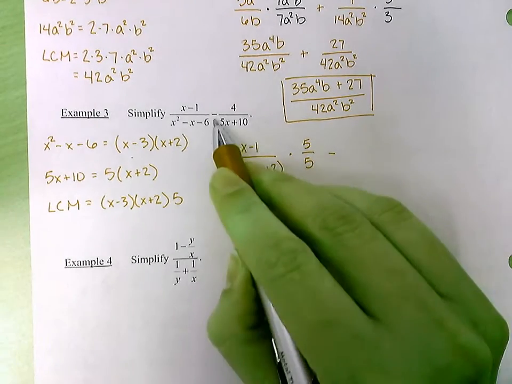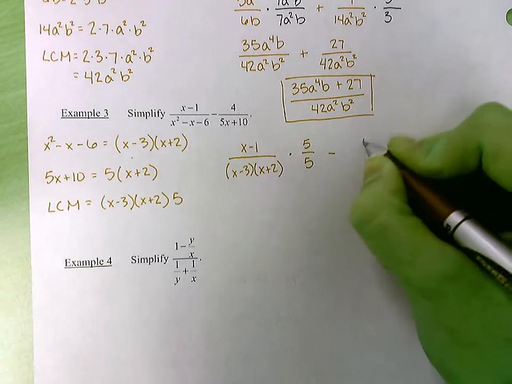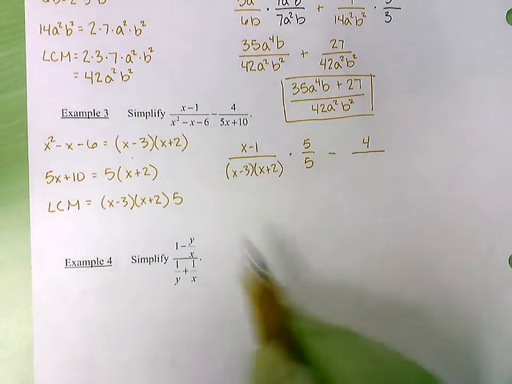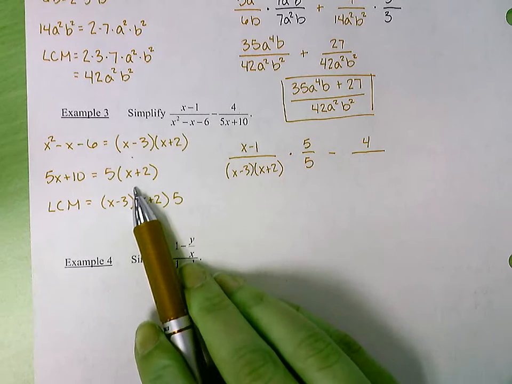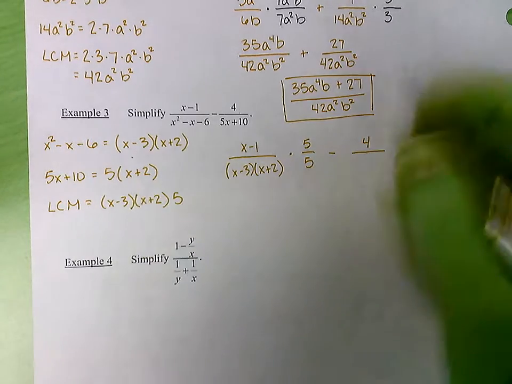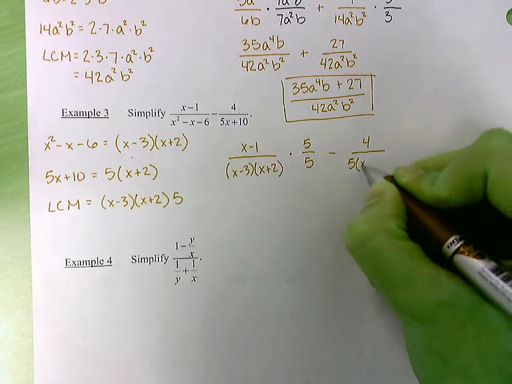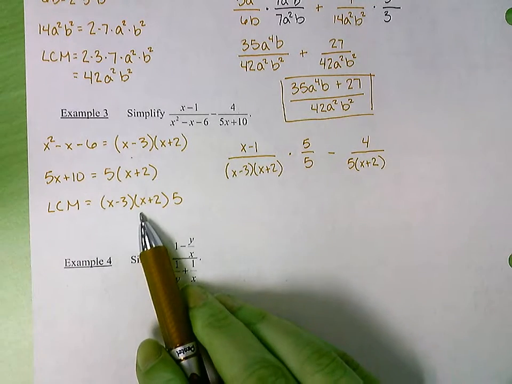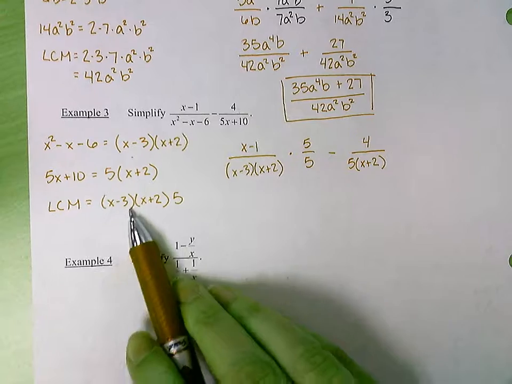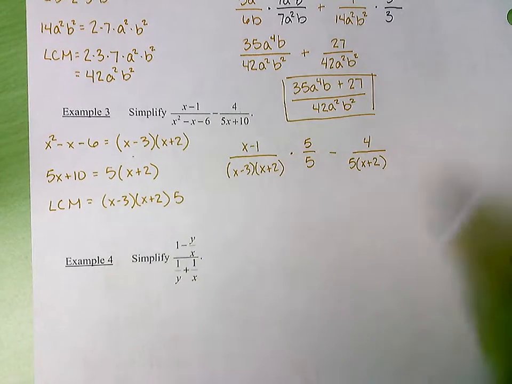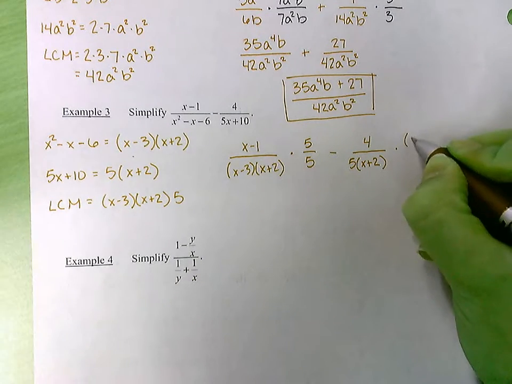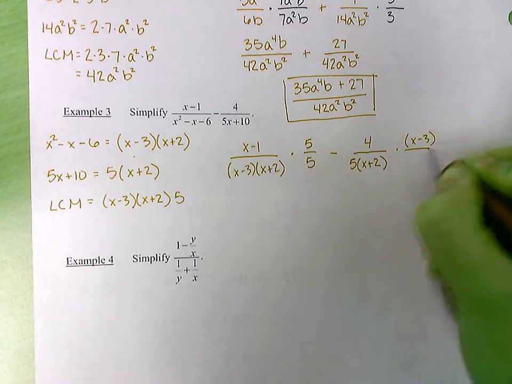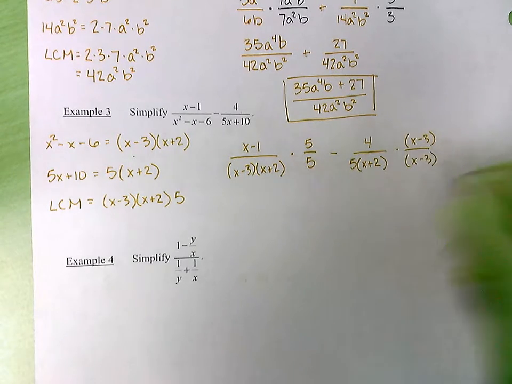Okay, then we're subtracting. We have 4 over, again I factored that one already, so I'm going to write its factored form. 5 times x plus 2. To get that least common multiple, I'm missing this x minus 3, so I need to multiply the numerator and denominator by x minus 3.